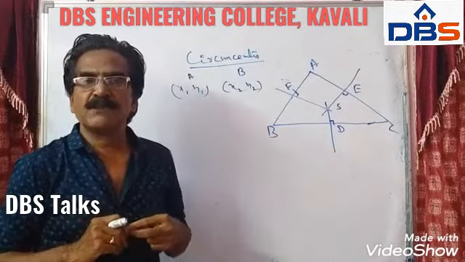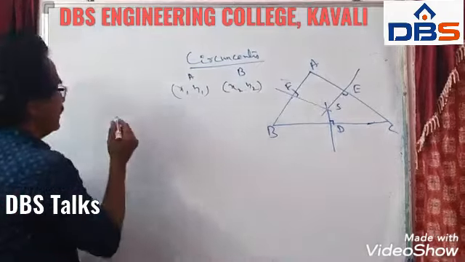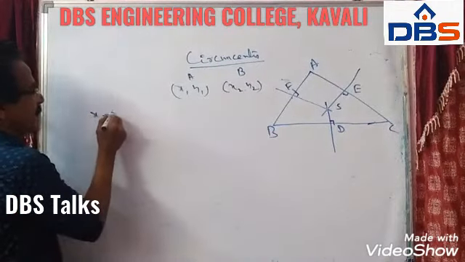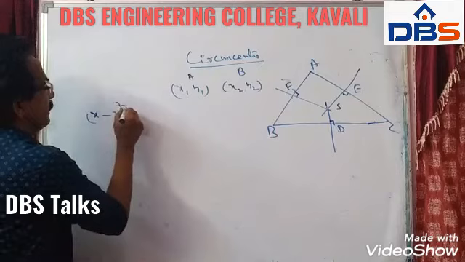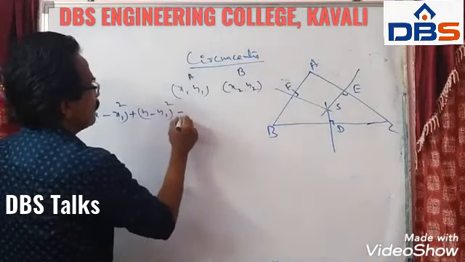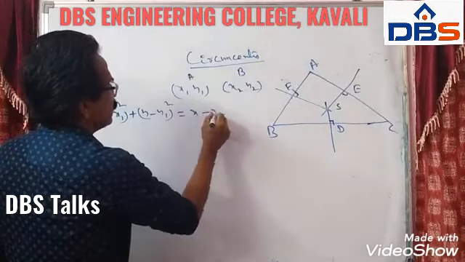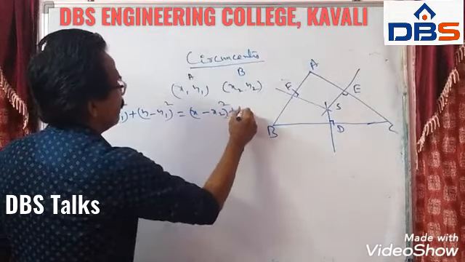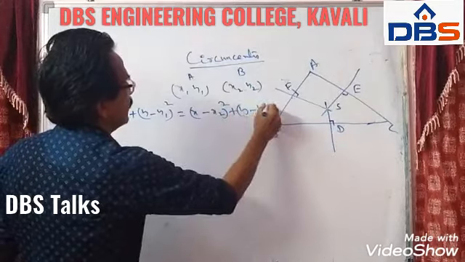The equation for the line joining x1 y1 and x2 y2 is this, friends: x minus x1 whole square plus y minus y1 whole square is equal to x minus x2 whole square plus y minus y2 whole square.